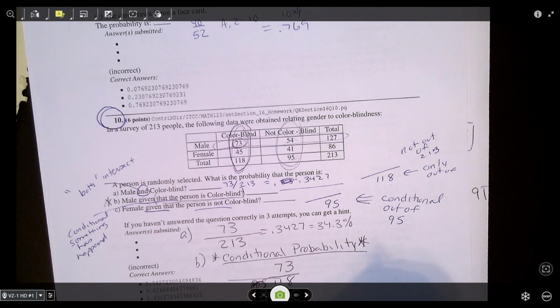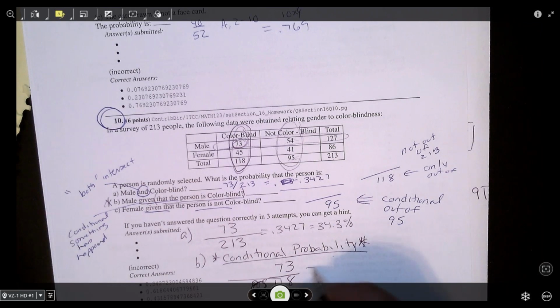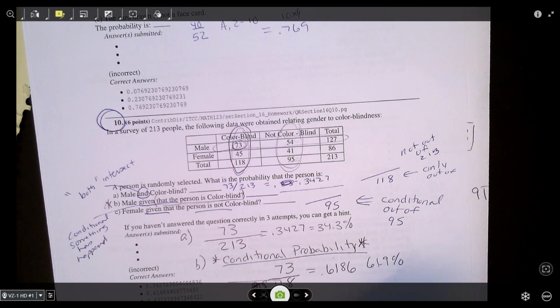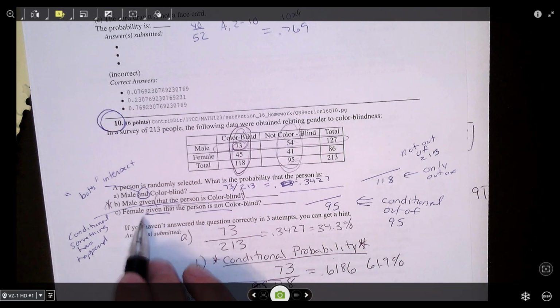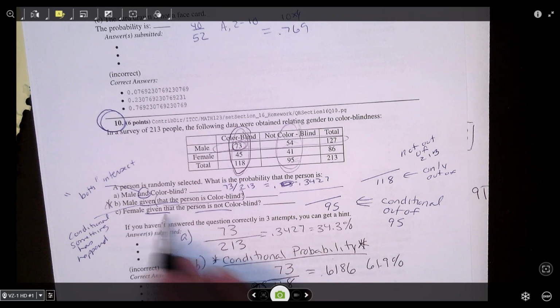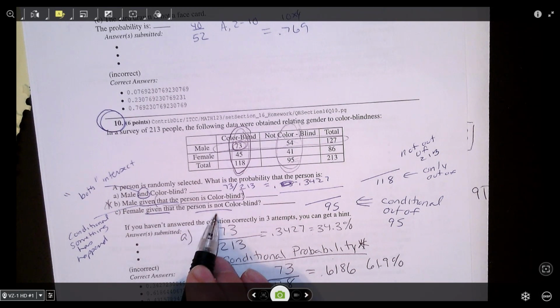So if we leave it as a fraction, you just make sure it's in lowest form. If you divide it out, you get the decimal. And then C. What's the probability of selecting a female given that the person is not colorblind?